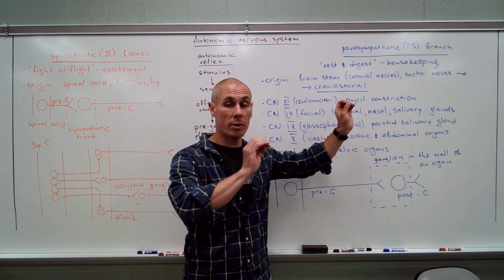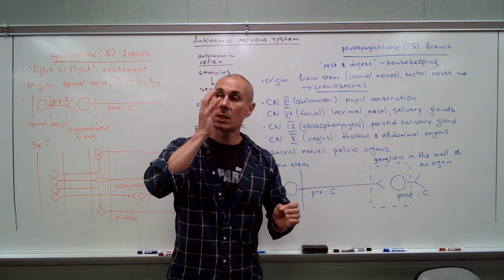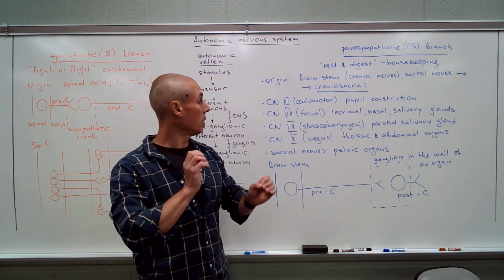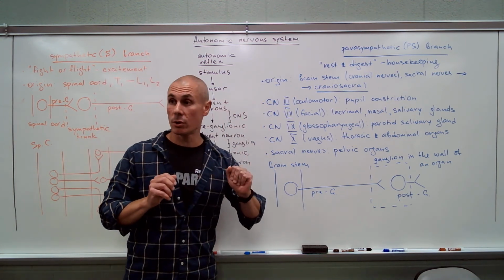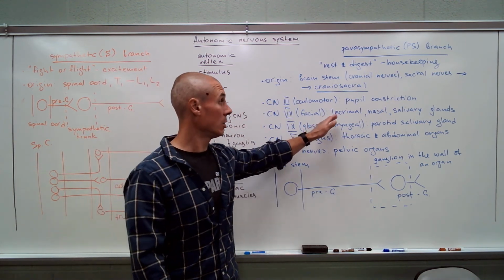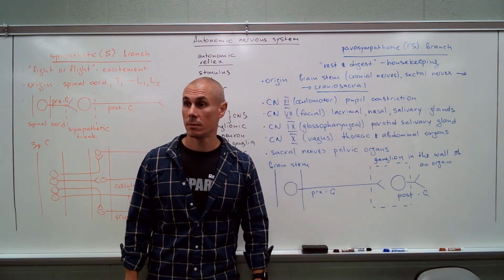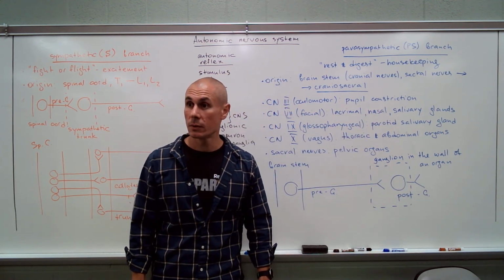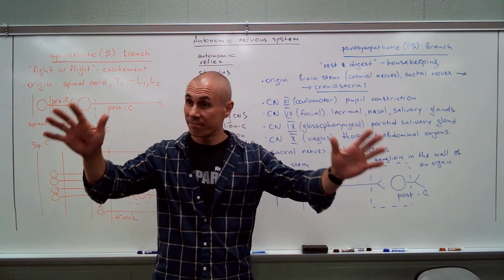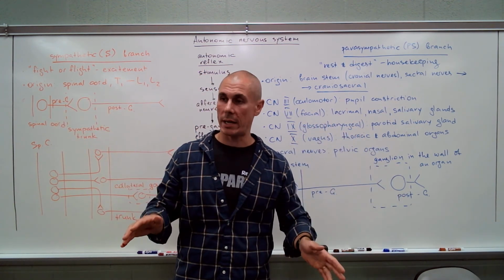Pupillary constriction. Some glands on the face. The signal goes through the facial nerve, and all that's going to happen is you're going to cry and have sniffles. Does that make sense? Vagus is kind of distributed, but there are a lot of branches.